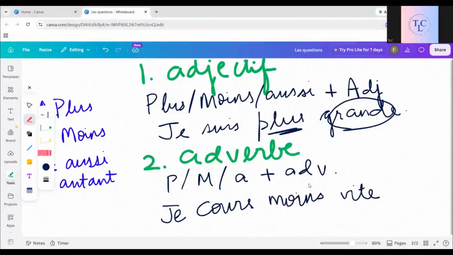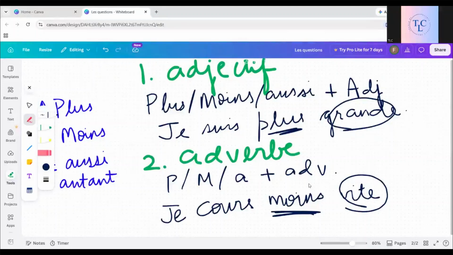Okay, vite is fast, moins is less. So moins comes first and then vite. Okay, je cours moins vite. That's how it is for adjective and adverb. So here what we are comparing is important. We are talking about grand and vite, so adjective and adverb.